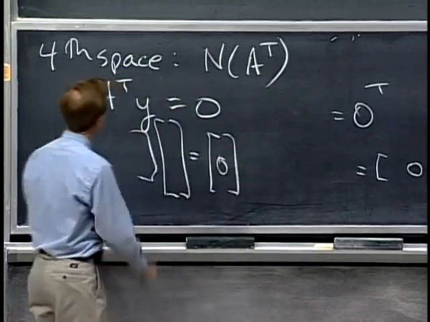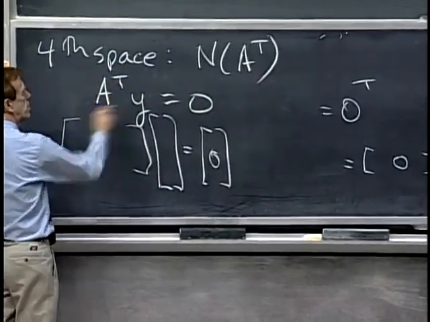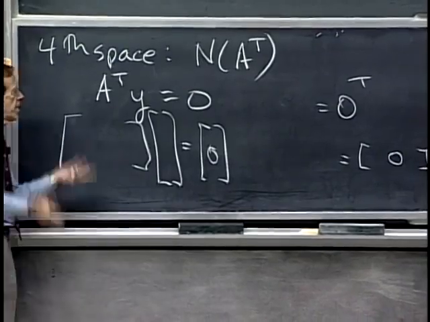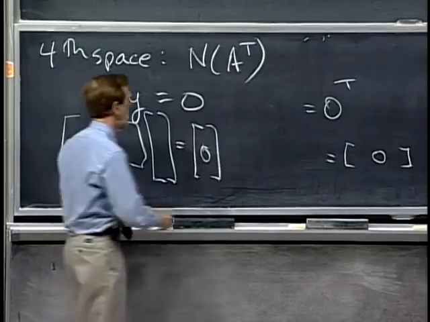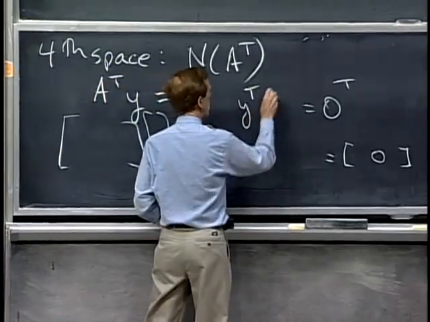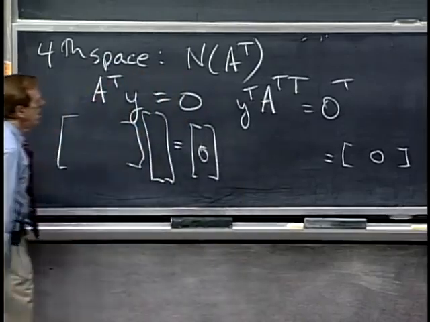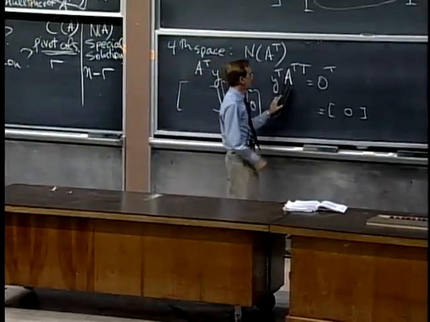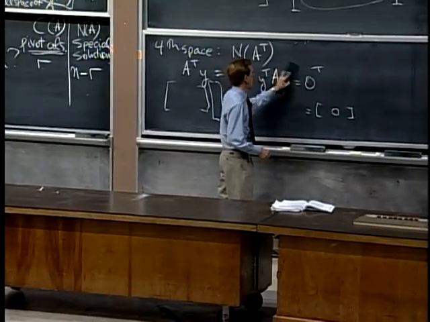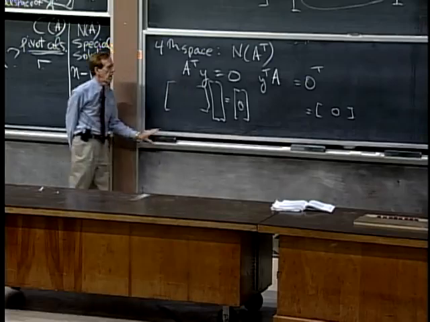And on the left, it's a product, A transpose times y. If I take the transpose, then they come in opposite order, right? So it's y transpose times A transpose transpose. But nobody's going to leave it like that. A transpose transpose is just A, of course. When I transposed A transpose, I got back to A.